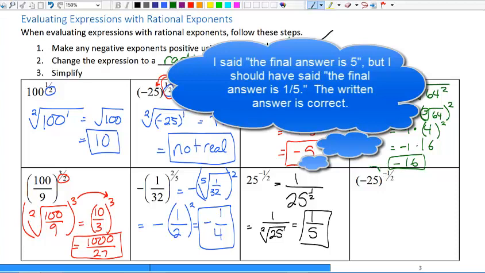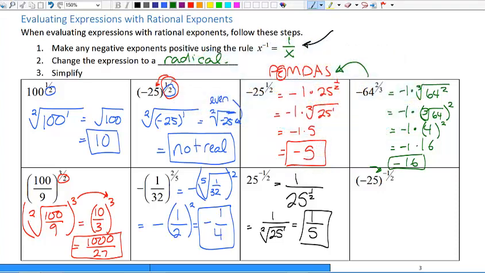Again, we have another negative inside the exponent. So because there's a negative in the exponent, I want to make the exponent positive, or happy, by putting him downstairs. Now that he's in the denominator, and it's a positive exponent, I can proceed.